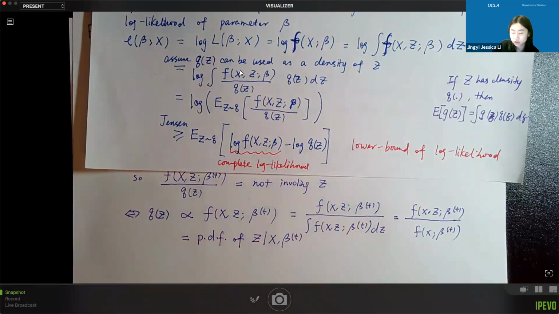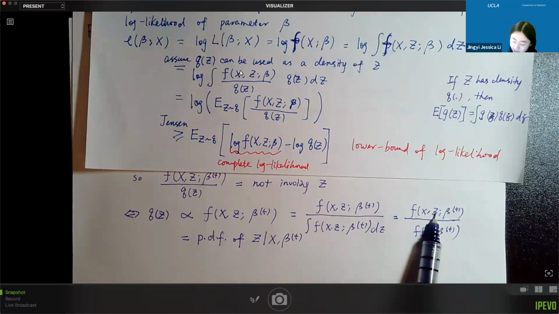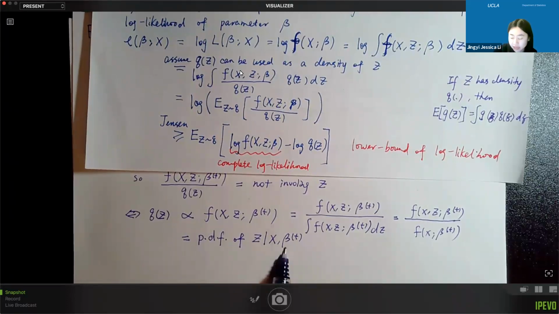So I basically obtained the form for q, the distribution of z that I need to make Jensen's inequality become equality: set q to be the posterior, or I should say, the conditional density of z given x and given beta t.